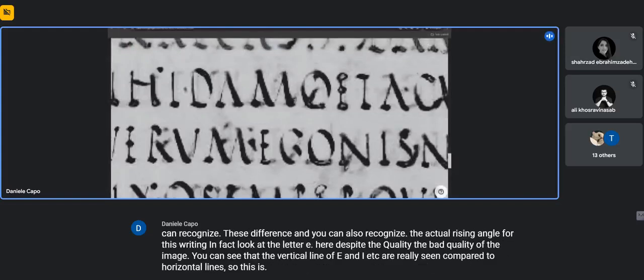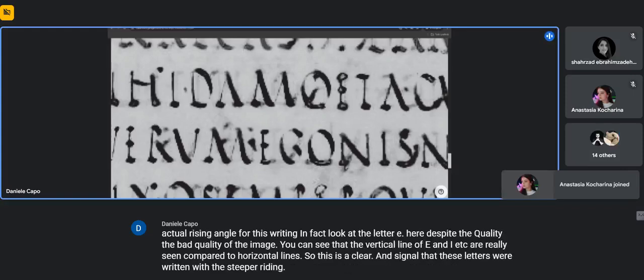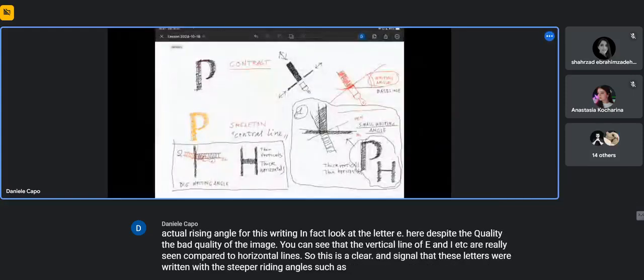So this is a clear signal that these letters were written with a steeper writing angle, such as this one here.